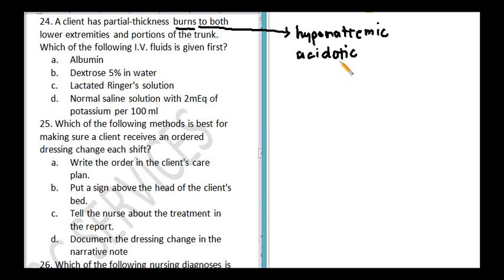So you need to give a fluid that will replace sodium and cure acidosis. Answer, letter C. Lactated Ringer's solution will replace sodium, and in the liver, LR is converted into bicarbonate. Therefore, it cures acidosis. Answer, letter C. Next.